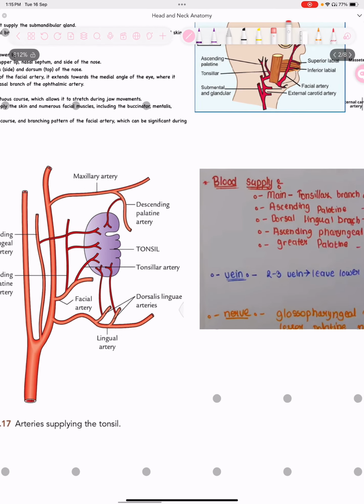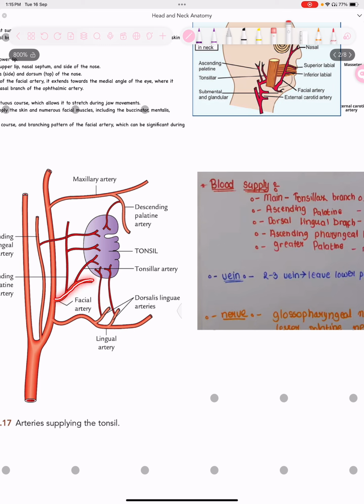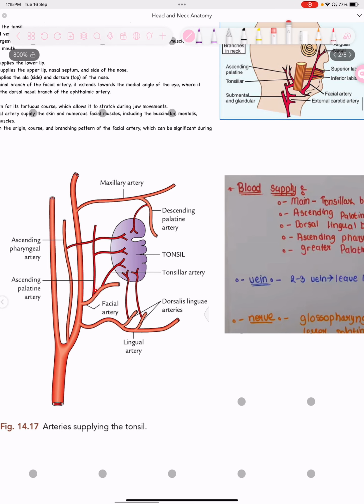So first of all, the facial artery has a tonsillar artery. That is one of the blood supply. Another thing is it has an ascending palatine artery. That's another blood supply. So these both are the branches of the facial artery, right? Then you have the dorsal lingual arteries, which are branches of lingual artery. So third, we are done.